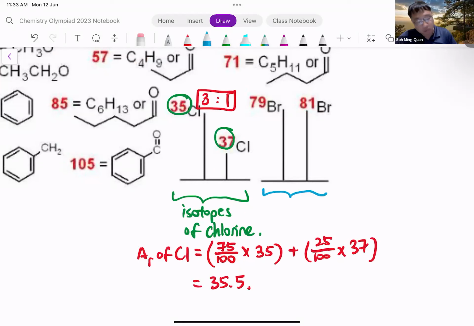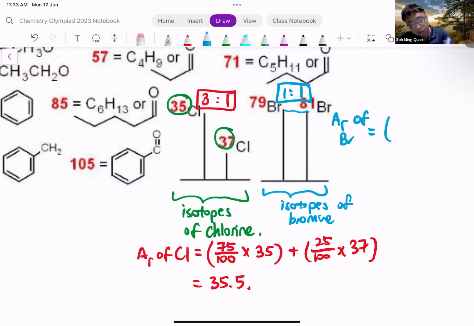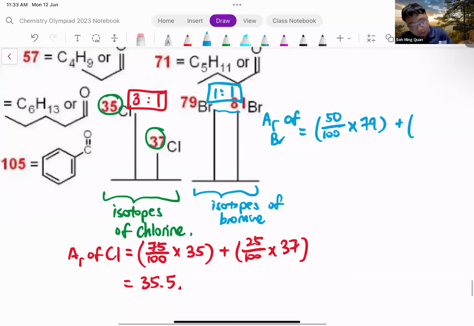Now we go on to bromine. Bromine has a similar situation. Bromine has 2 isotopes. But now you see the peaks in the mass spectrum are not 3:1. In fact, it looks the same, like 1:1, right? And indeed, for bromine, the 2 isotopes are present in a 1:1 ratio, meaning the AR of bromine is 50-50. 50% 79 plus 50% 81.